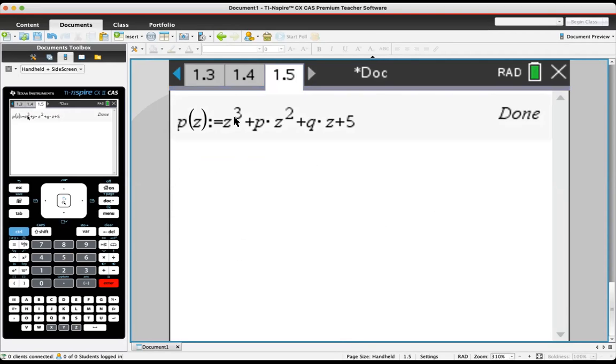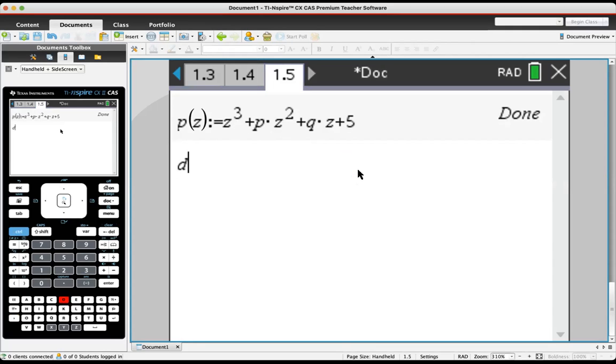And then we could substitute the given solution, P of 2 plus 4i equals 0. Actually, I've got a little bit of a problem here, because if I define my polynomial like P of z, there is a contradiction, okay? So I can't do that.